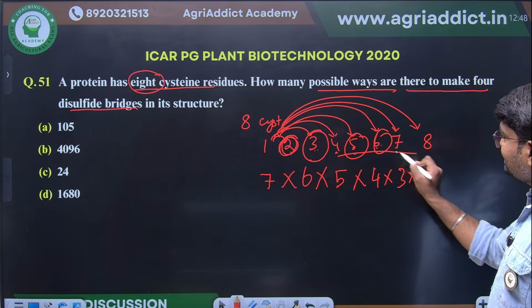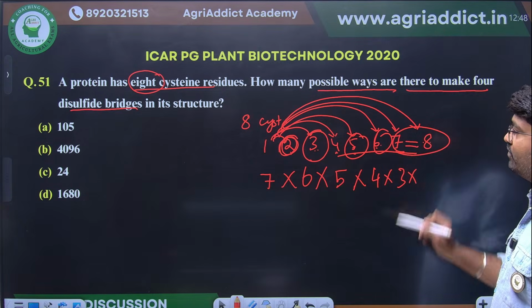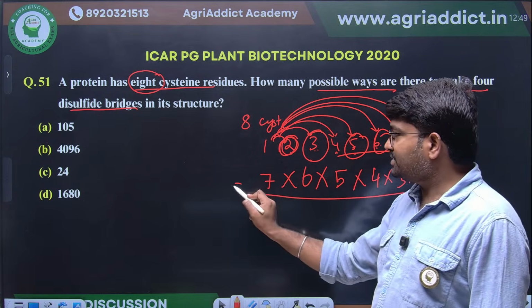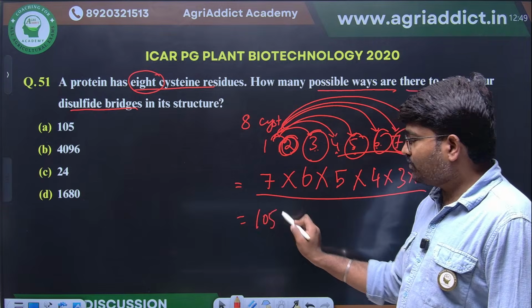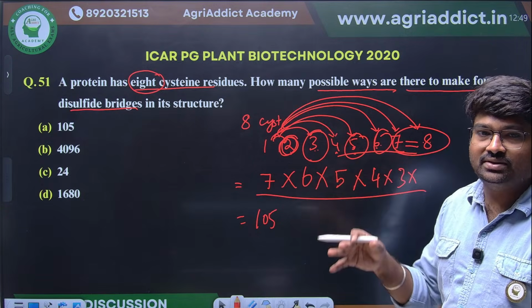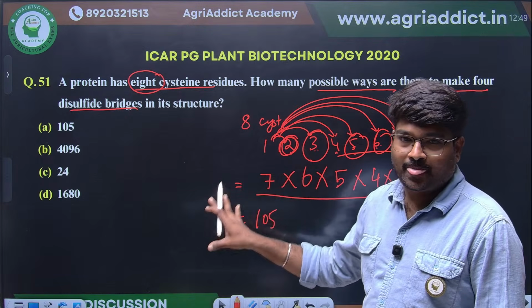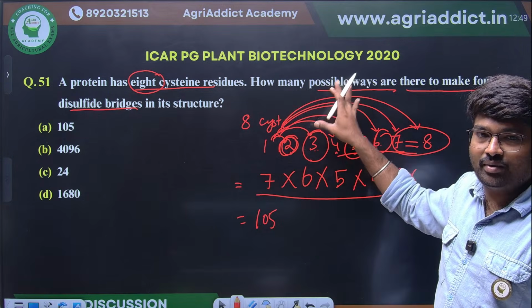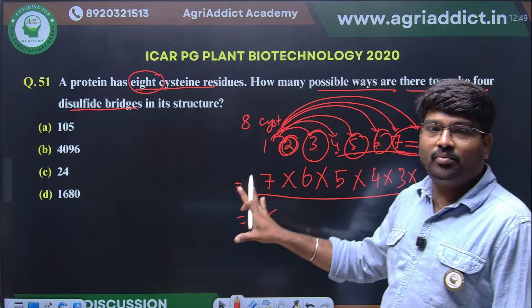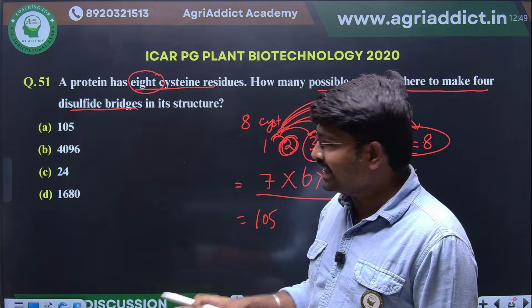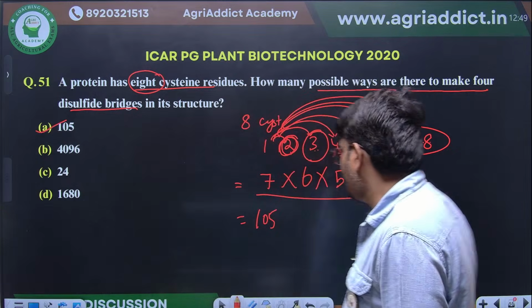At last, these two will be involved in disulfide bond formation. If you multiply all these, it will come to 105. I hope this is clear. You just have to apply the things. So 8 cysteine residues are there, but 4 disulfide bonds will form. It's just a probability of how they will bind. So the right answer is 105.